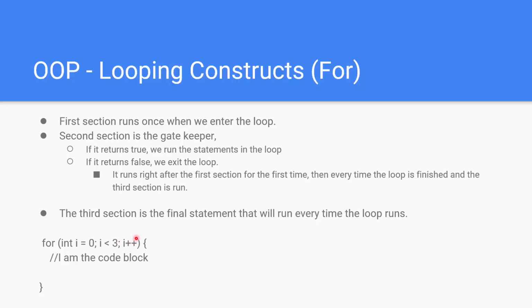In this case, it's going to increment by 1. So it's going to start with I equal to 0, which makes the gatekeeper statement true, and then I is going to be incremented by 1 every time we execute the code block. So this will run 4 times. As soon as I is greater than 3, the loop will be exited.